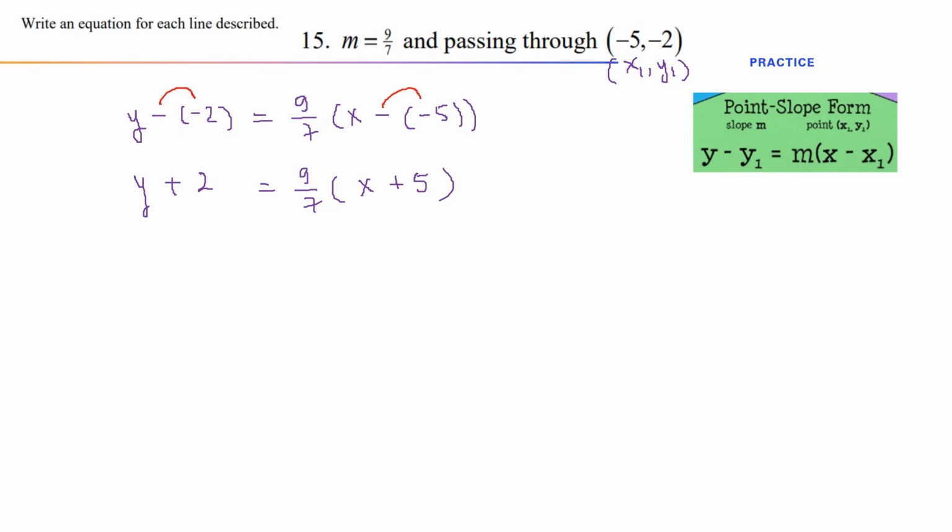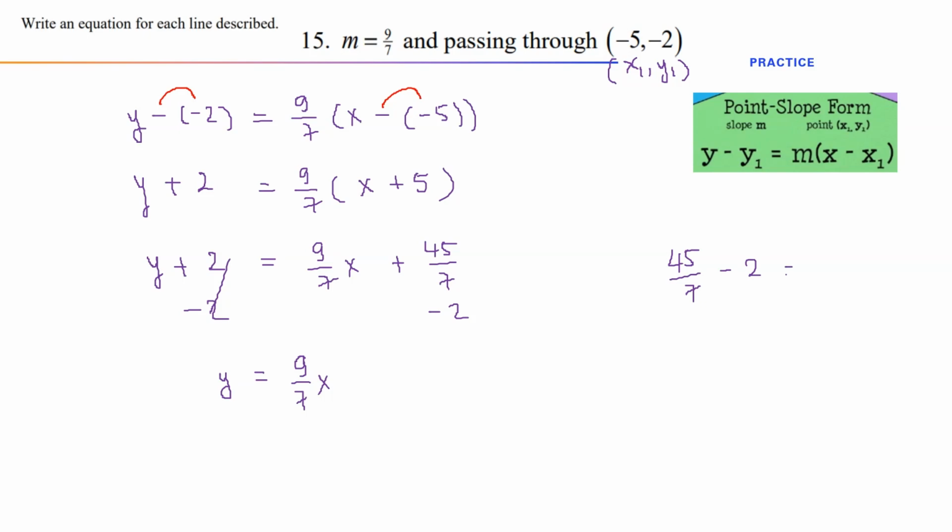Okay, now the next step is we distribute on the right-hand side, so 9/7 times x plus 45/7. Now we subtract 2 from both sides. What we get is y on the left-hand side equals 9/7 x plus 45/7 subtract 2. That is the same as 45/7 subtract 2/1.